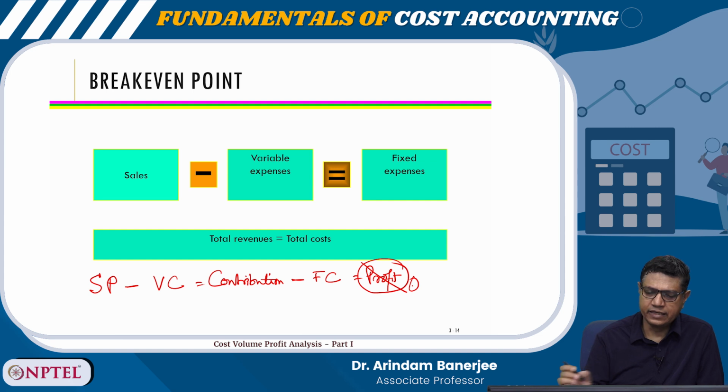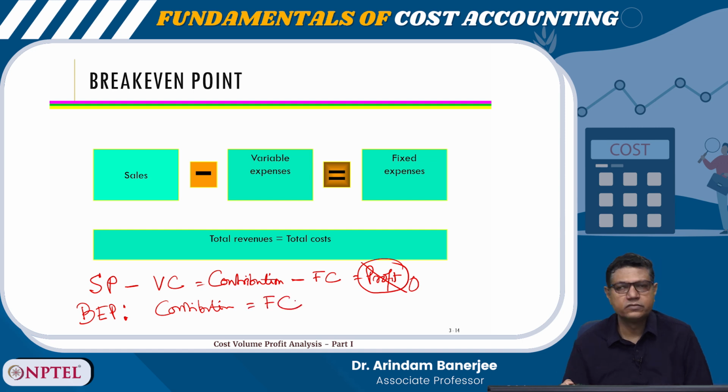So, I can write like this: in case of BEP, in the case of break-even sales, contribution is equal to fixed cost, because contribution minus FC is equal to 0.